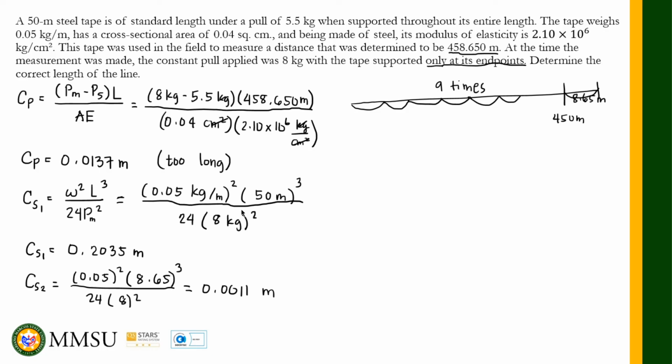Remember, the 50 meter full tape length was used 9 times, so CS1 is multiplied by 9.